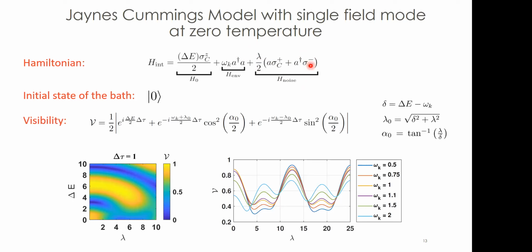It simply leads to either a decay of the clock in the excited state or excitation of the clock in the ground state. The initial state of the bath, as we are talking at zero temperature, would be the ground state 0.